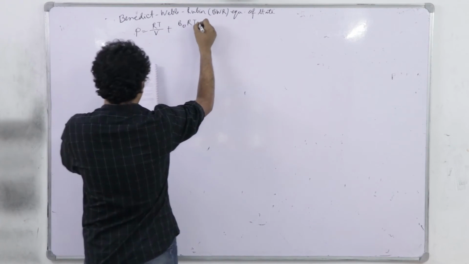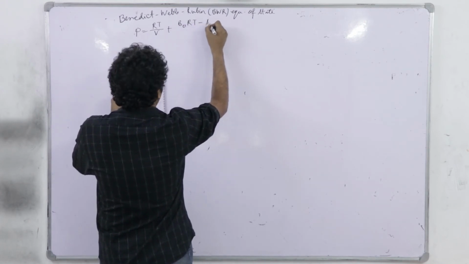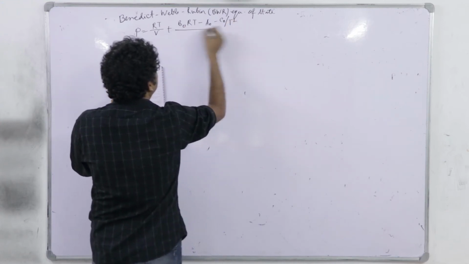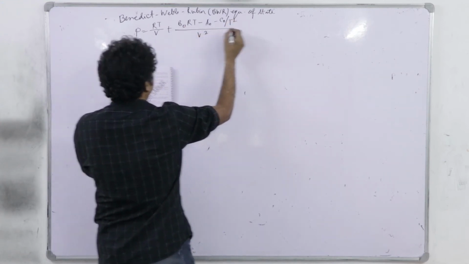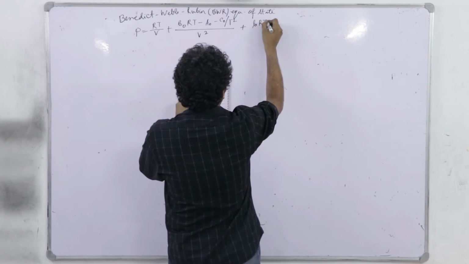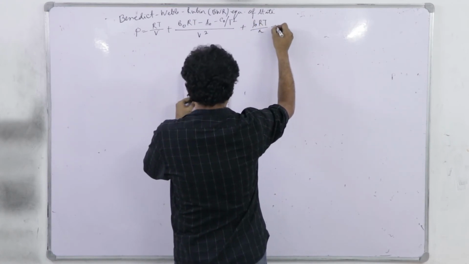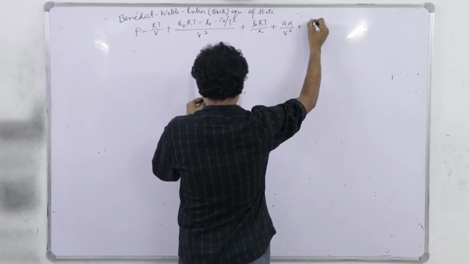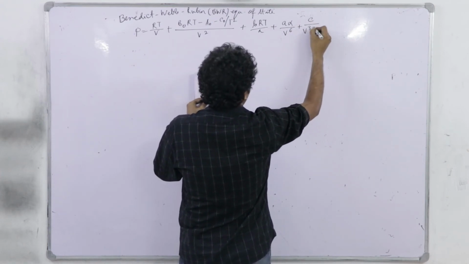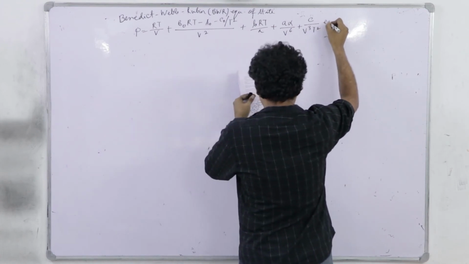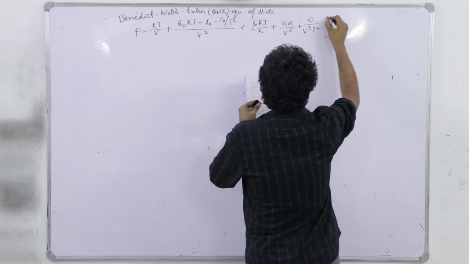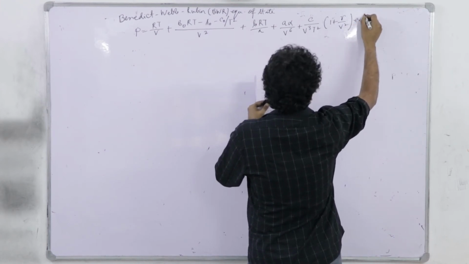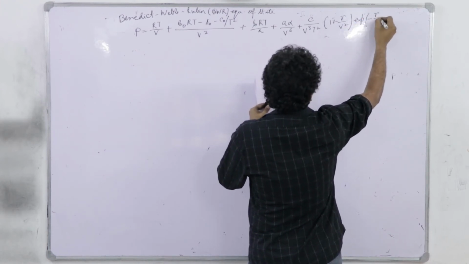You can see how the number of coefficients is increased for the sake of higher accuracy, and the mathematical form is also very complicated. Small b RT divided by A plus A alpha divided by V to the power 6 plus C divided by V cube T square into 1 plus gamma by V square into exponential of minus gamma by V square.